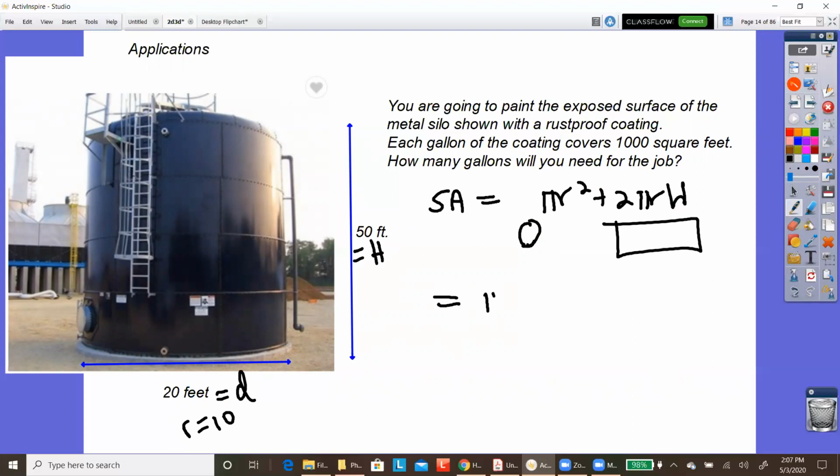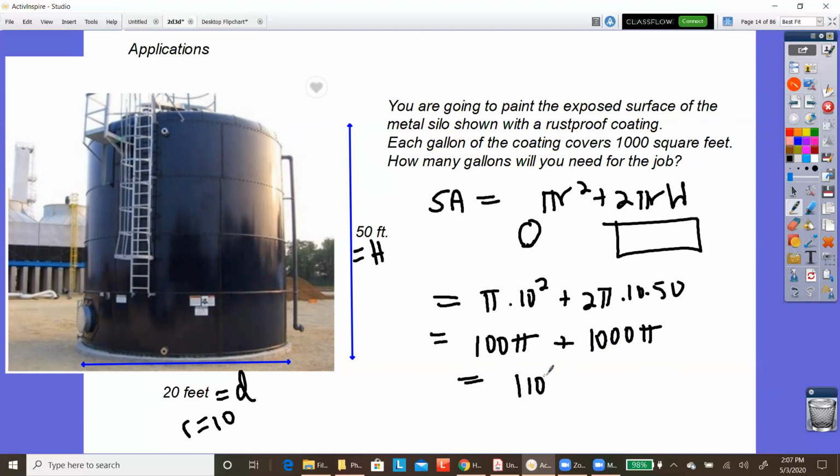So it'll be pi times 10 squared plus 2 times pi times 10 times 50. So that's 100 pi plus, if you multiply this, it's going to be 100 times 10 or 1,000 pi. Since they're both like terms, that would be 1,100 pi square feet.